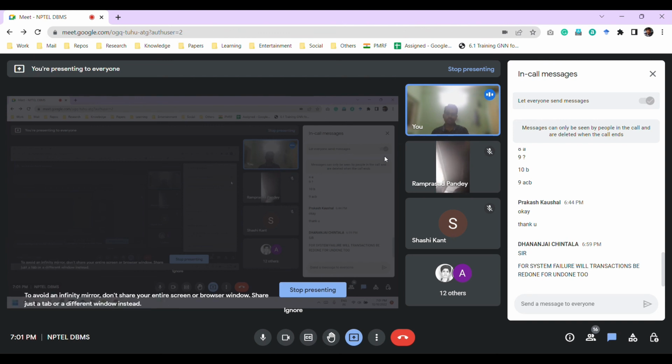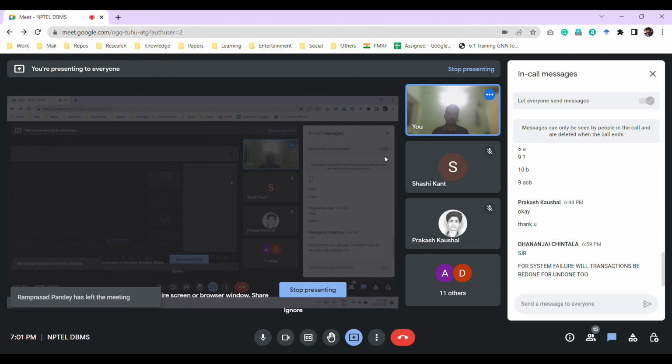If it is committed after the checkpoint but before failure, then we have to redo. Otherwise, we have to undo. But if there is an overall system failure and we don't have any timeline or log, then we certainly have to restart, going from the initial state. Redone for undo is not yet possible, I think.